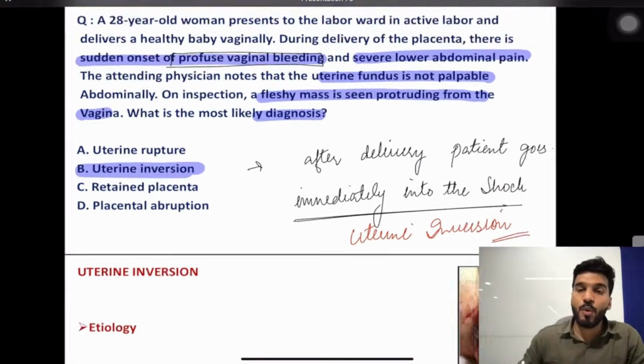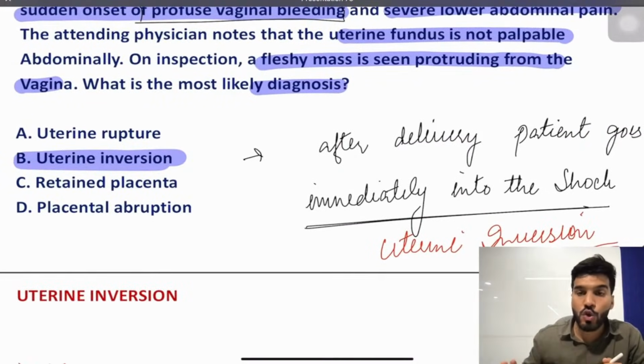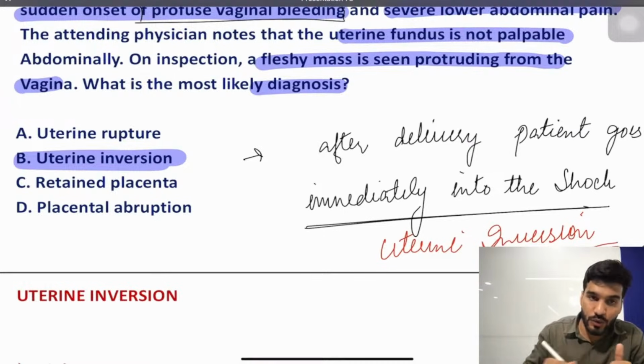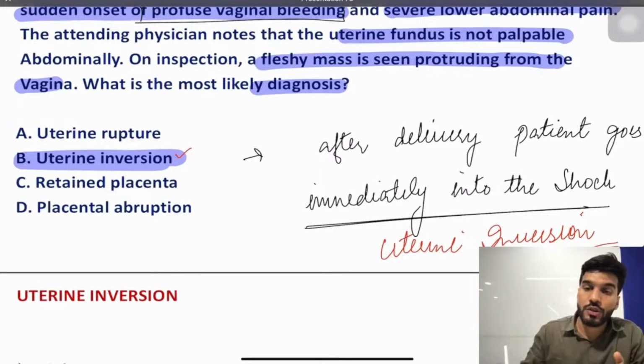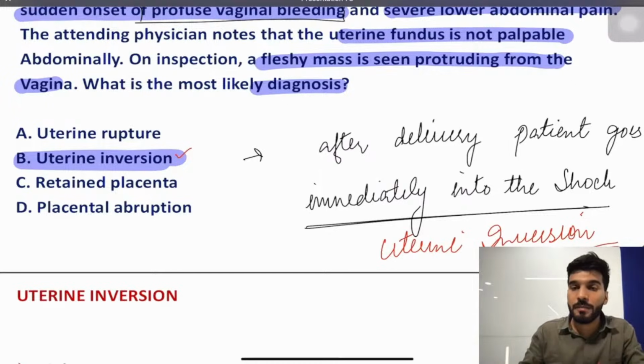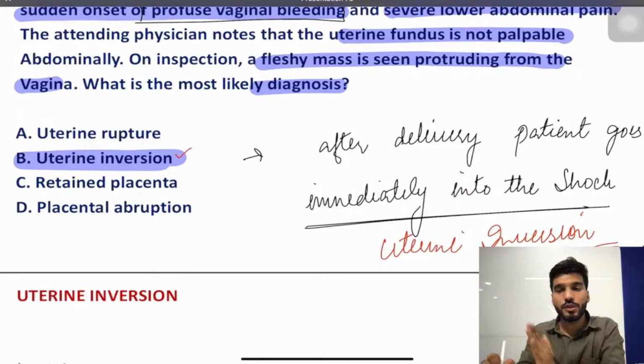My dear students, a postpartum hemorrhage patient eventually goes into shock as well, but if it's immediate, if it's fast, then your diagnosis goes to uterine inversion. So if the question mentions immediately, uterine inversion. If a question mentions probably, generally goes into shock, PPH.